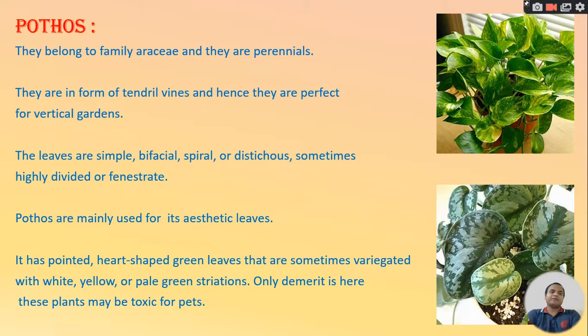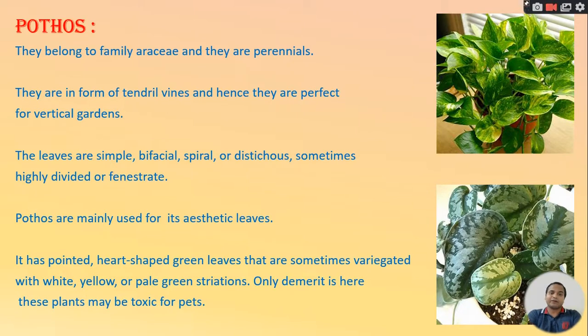Pothos. Pothos is a vernacular name, and these plants are members of the family Araceae, and they are perennial plants, hence they are quite suited for vertical gardens. They are in the form of tendril vines and hence they are perfect for vertical gardens. The leaves are simple, bifacial, spiral or distichous and sometimes highly divided or fenestrate.